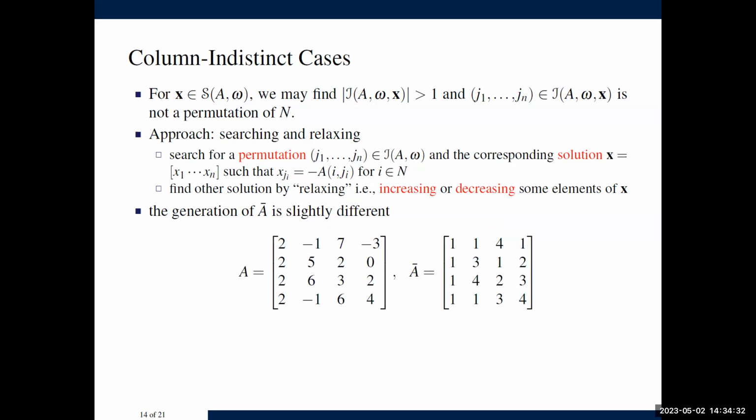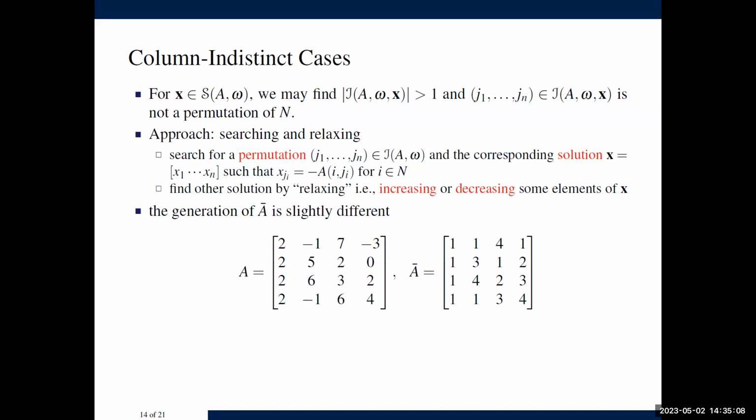Because in the first column everything is 2, in the corresponding matrix A bar the first column is everything 1, because 2 is actually the first smallest element. Now move to the second column, we have -1 twice. That's why we put 1 and 1 here for the corresponding positions. Now move to 5. 5 is not the second, because we have -1 twice. That's why 5 is the third smallest element. Then 6 is the fourth smallest element.